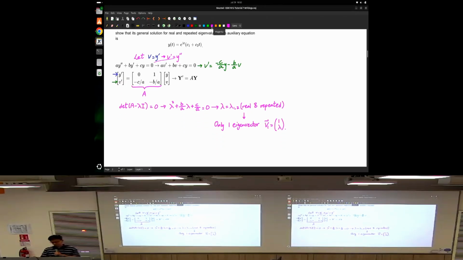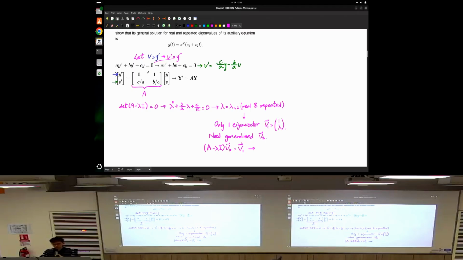So what would be the other eigenvector? You have to solve the same equation again, for the generalized eigenvector. So we need the generalized eigenvector V2. Basically we solve (A minus lambda I) times V2 equals V1.